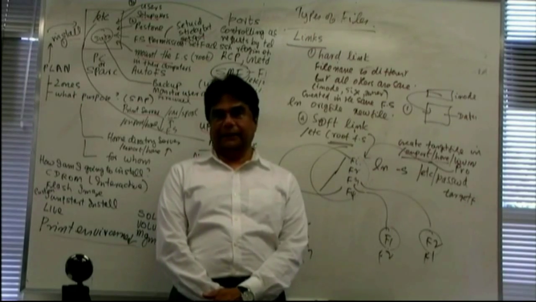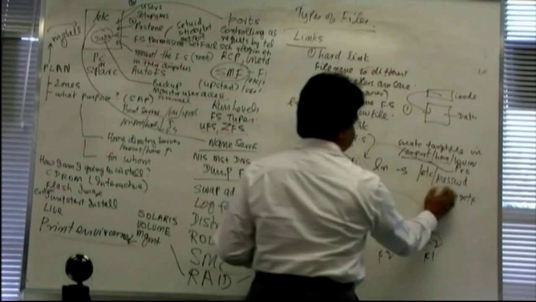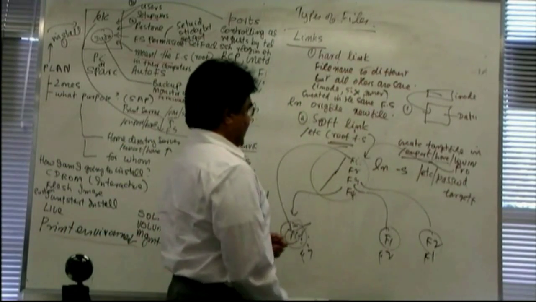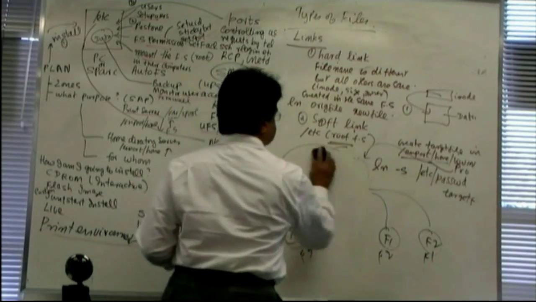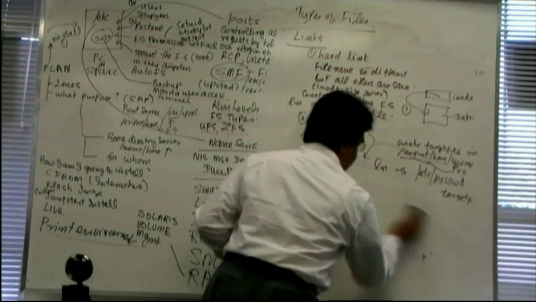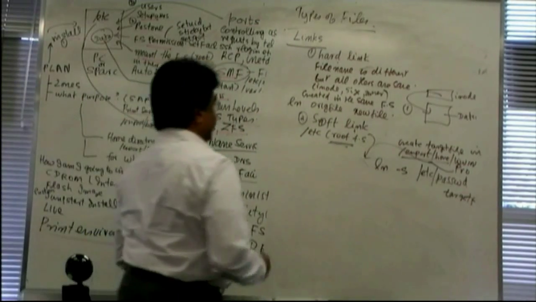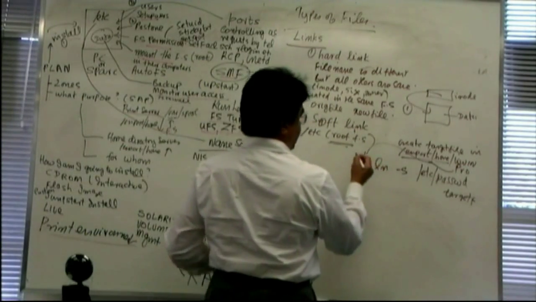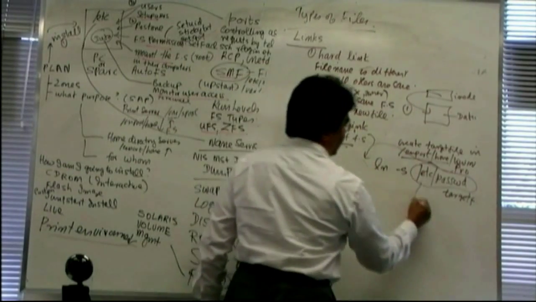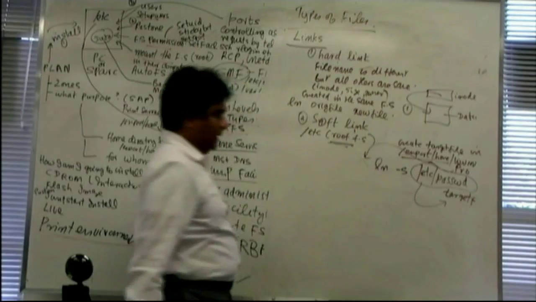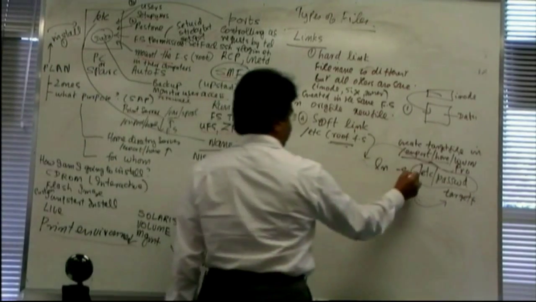For example, I am linking etc password and target file. What is the size of etc password?